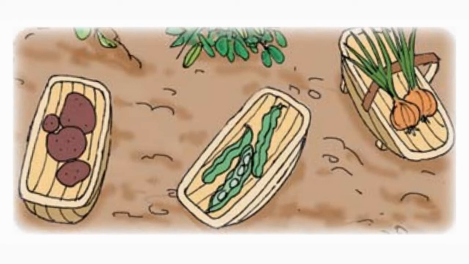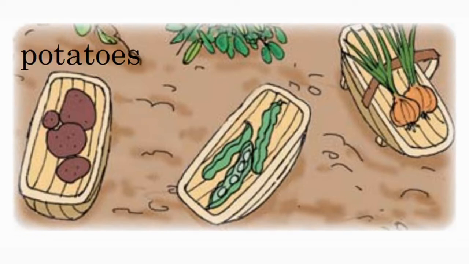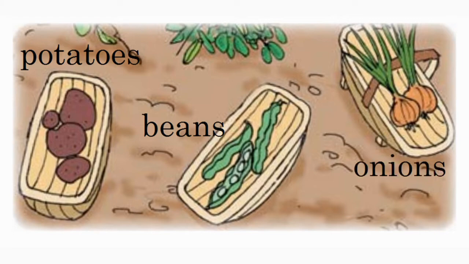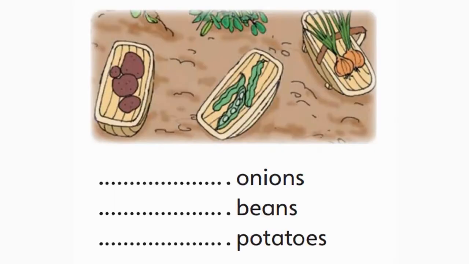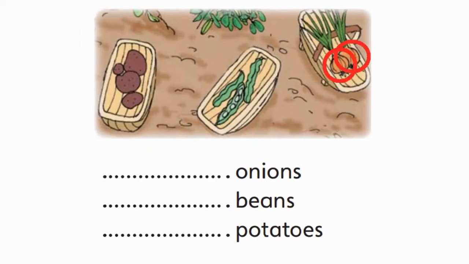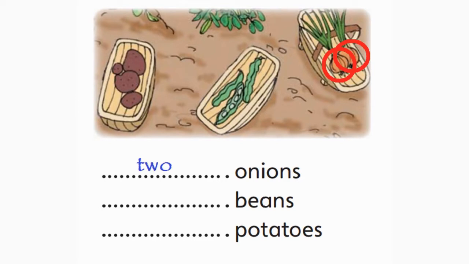Here are some vegetables from Mrs. Day's garden. What vegetables can you see? There are potatoes, beans, and onions. How many onions has Mrs. Day got? 1, 2. 2 onions.